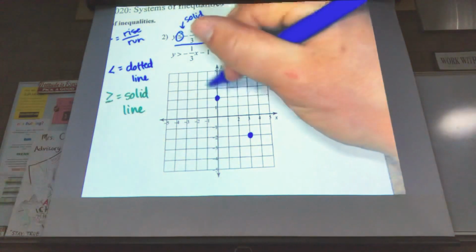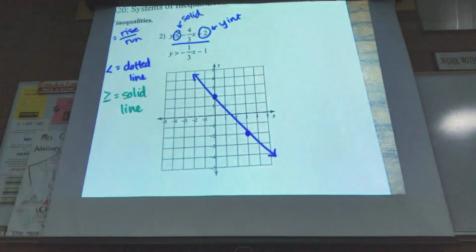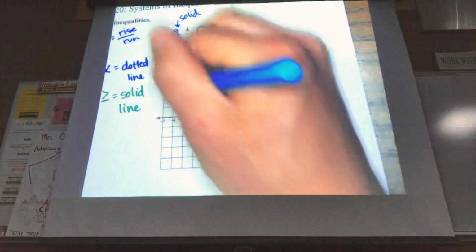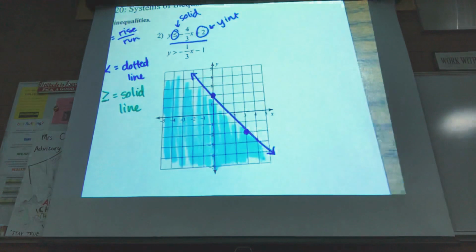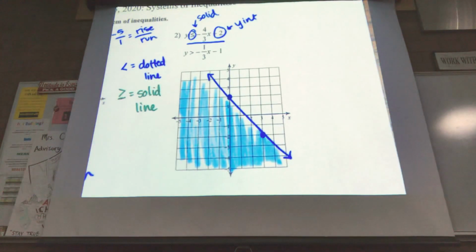I'm going to connect these with a solid line. Good, now I need to know where to shade. This is saying y is less than or equal to, so my y's are getting smaller. Everything this side of my line is going to be shaded. Perfect.